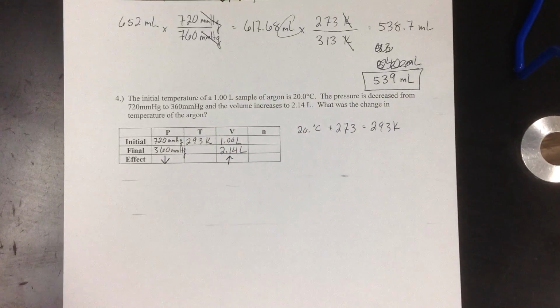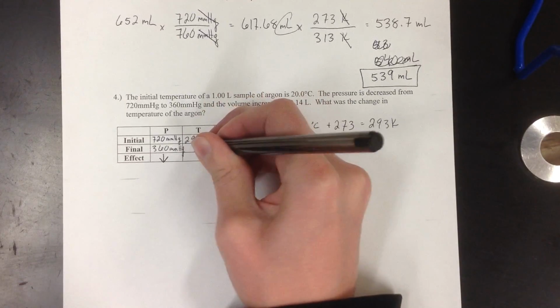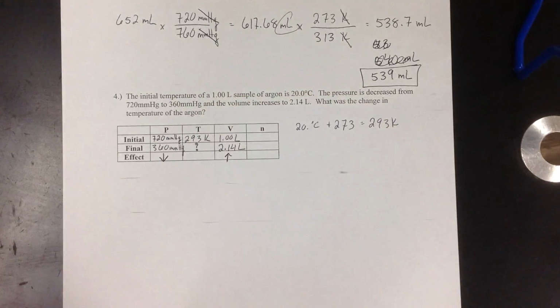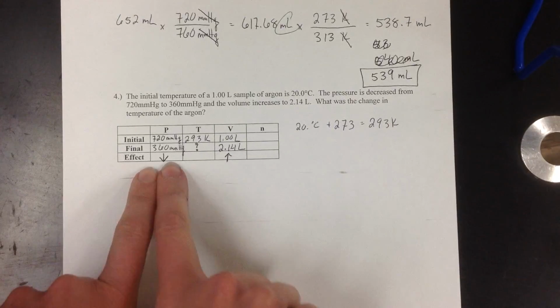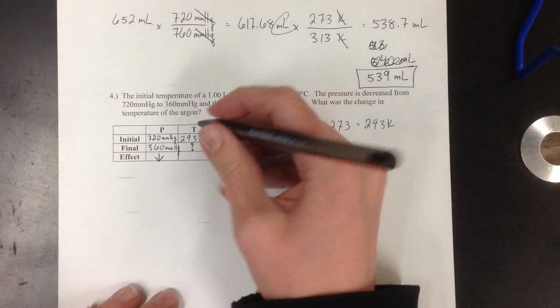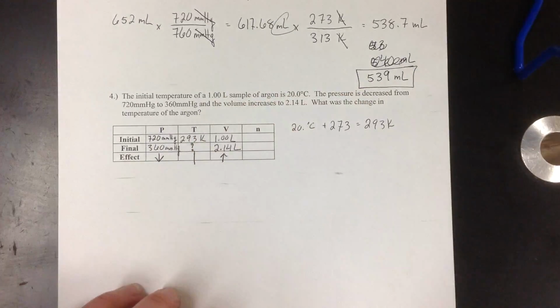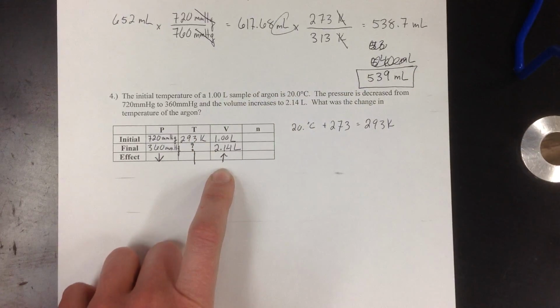It wants me to find the change in temperature of my argon. So I'm going to try to find that final temperature. Now again, what type of effect does my pressure have on my temperature? And what type of effect does my volume have?